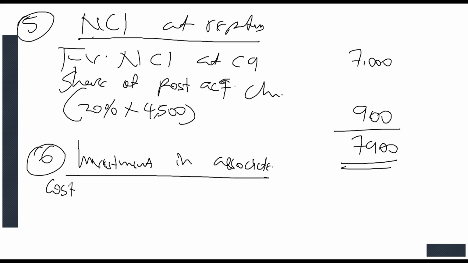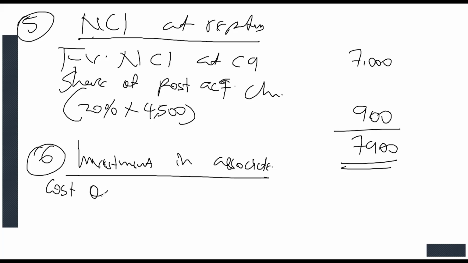So currently, the equity accounting method is under revision. So please, for this trip, if you don't get a calculation like this, you will get theory on associates. So know everything about it.